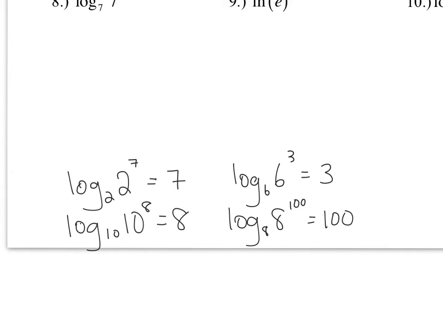The pattern is if the base of the log is equal to what you're taking the log of, and that has an exponent, the answer is just whatever the exponent is. So log base 2 of 2 to the 7th power would just be 7. So it's really just essentially if you can get the base and what you're taking the log of to be the same number, the answer is just going to be that exponent.